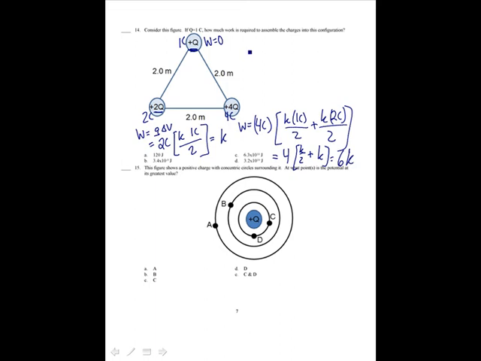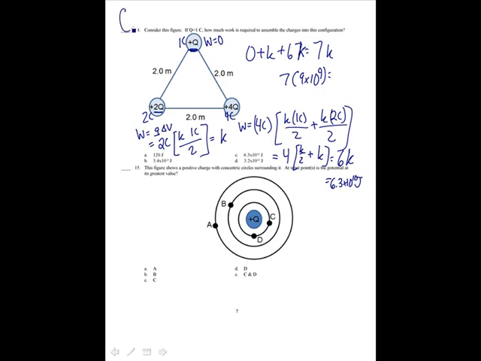So my total is 0 plus K plus 6K, which is equal to 7K, or 7 times 9 times 10 to the 9th. I get 6.3 times 10 to the 10. That's equal to 6.3 times 10 to the 10 joules. Alright, so that is C.